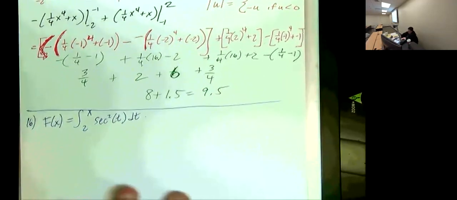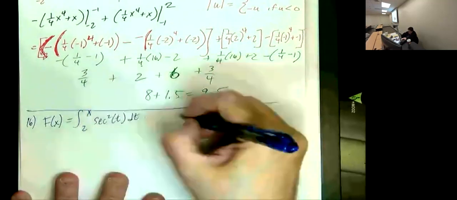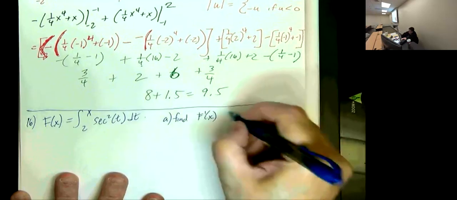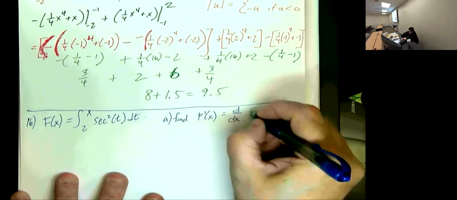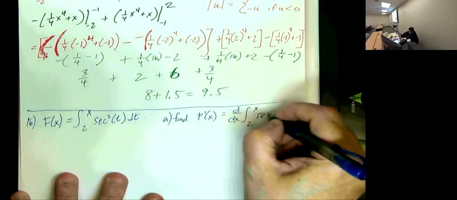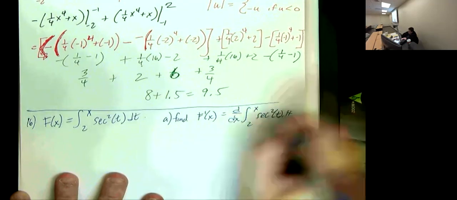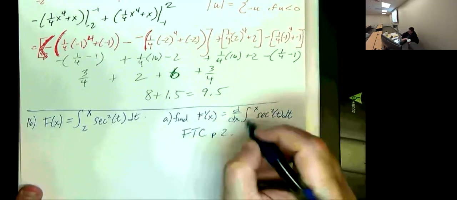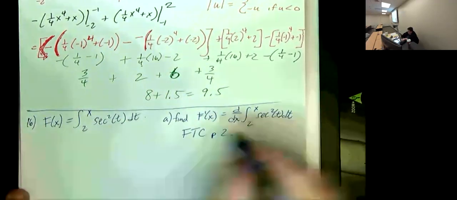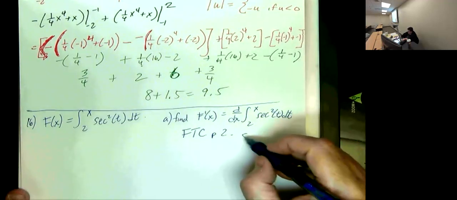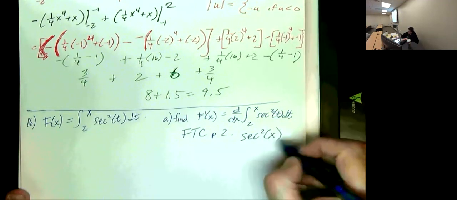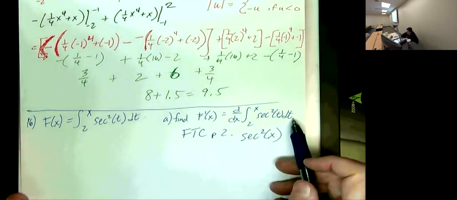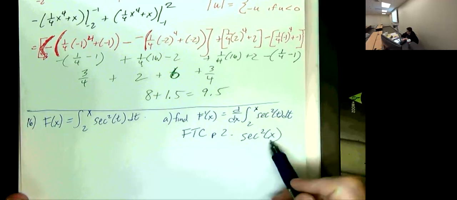And it says, A, find f prime of x, which is d dx of the integral from 2 to x of secant squared t dt, using the fundamental theorem of calculus part 2. When we do that, this just evaluates it at x. The d dx and the dt go away, and whatever this is comes in here.